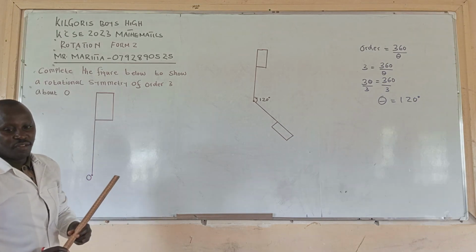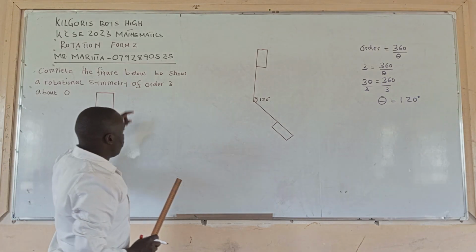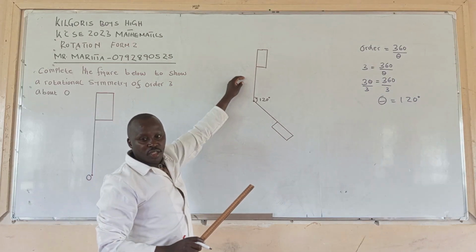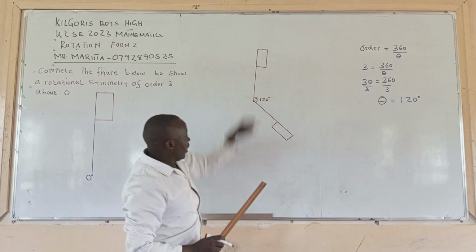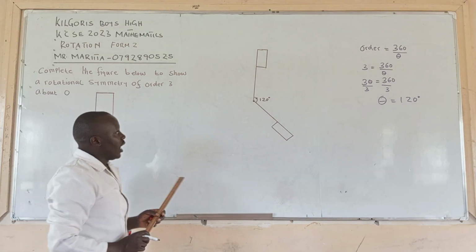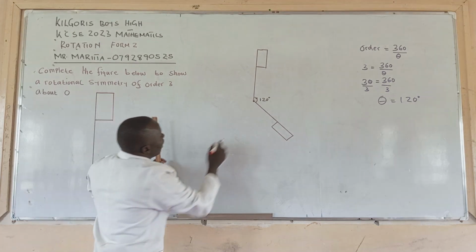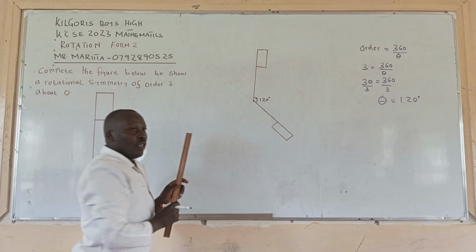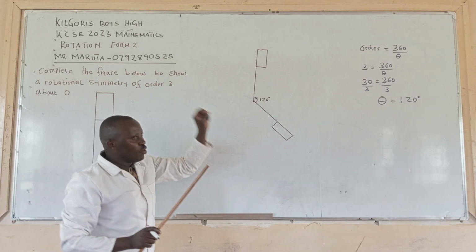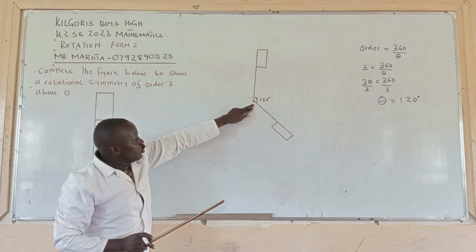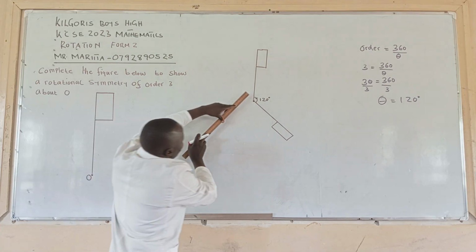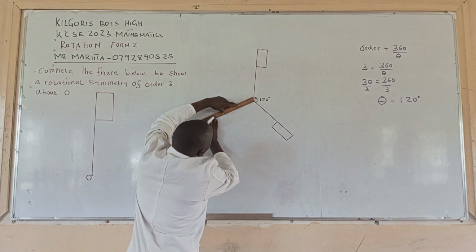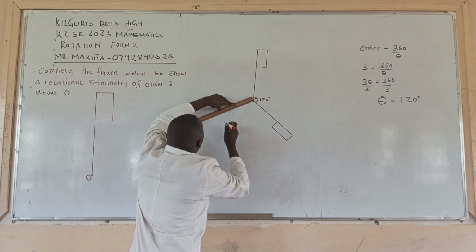From the original one, this is 120. Again you measure from here another 120 degrees with a protractor. I just approximate that it will be somewhere here.